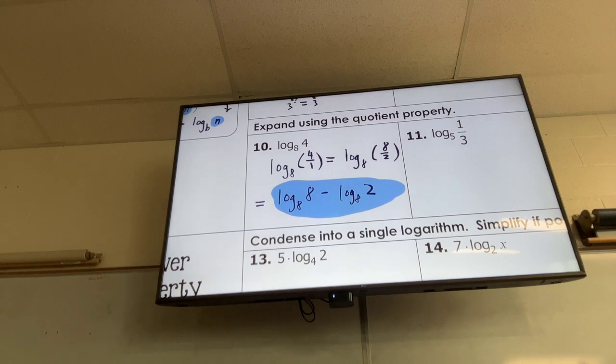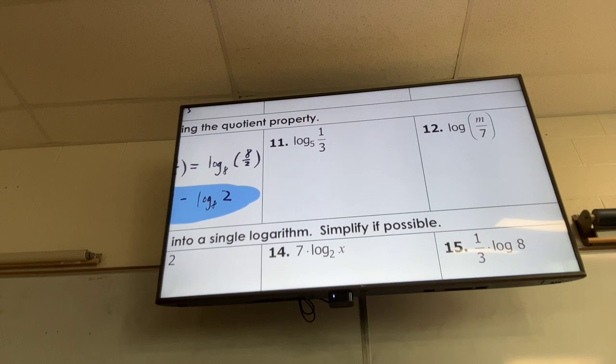So if they give you a whole number and tell you to expand it using the quotient property, just write the number over 1. Don't make life difficult for yourself. Can I do 11? What's 11 going to be? There you go.